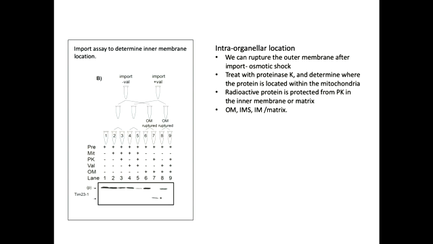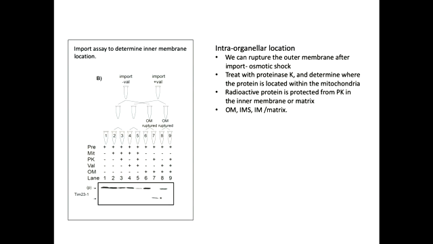So if you remember, a lot of the inner membrane proteins, the carrier pathway, yeah, they don't have targeting signals, but they have internal signals, okay? So a lot of proteins have internal signals. So to show that it actually has been imported into the inner membrane, what you need to do is after import, you need to rupture the outer membrane.